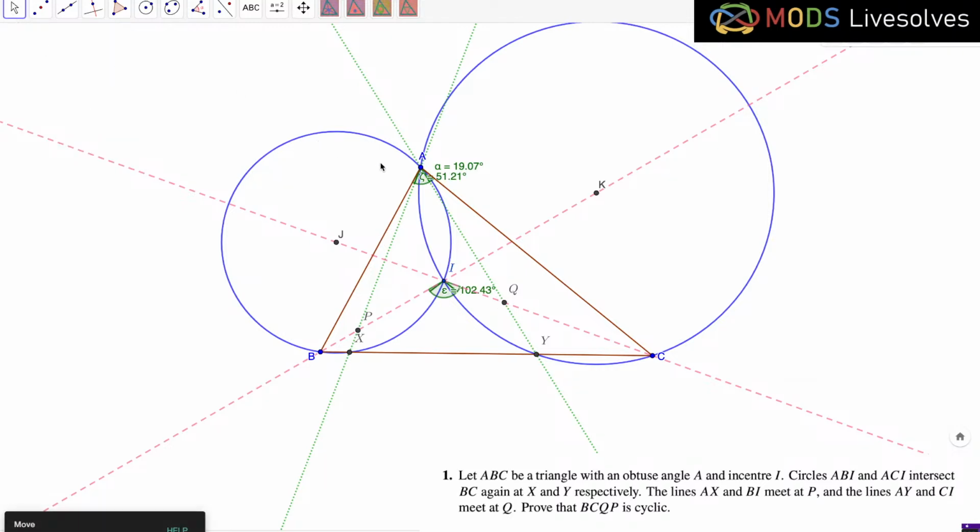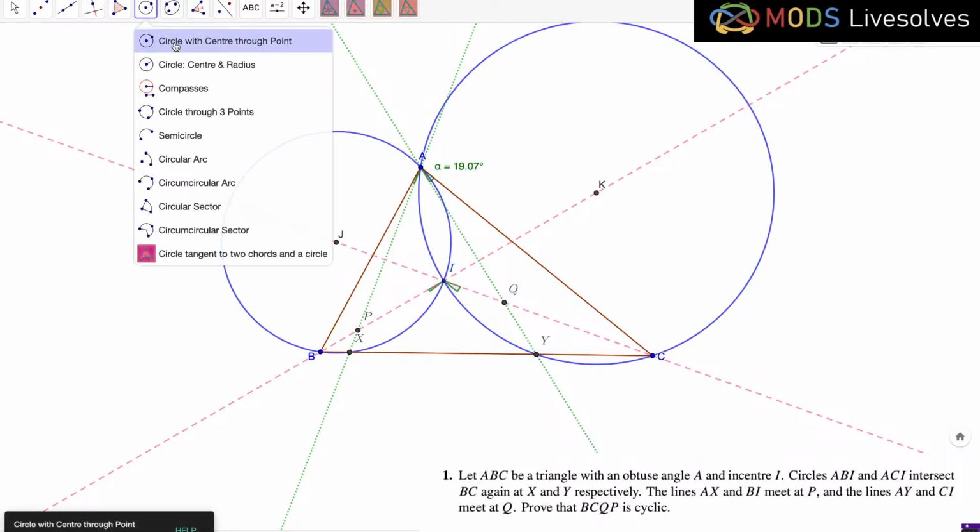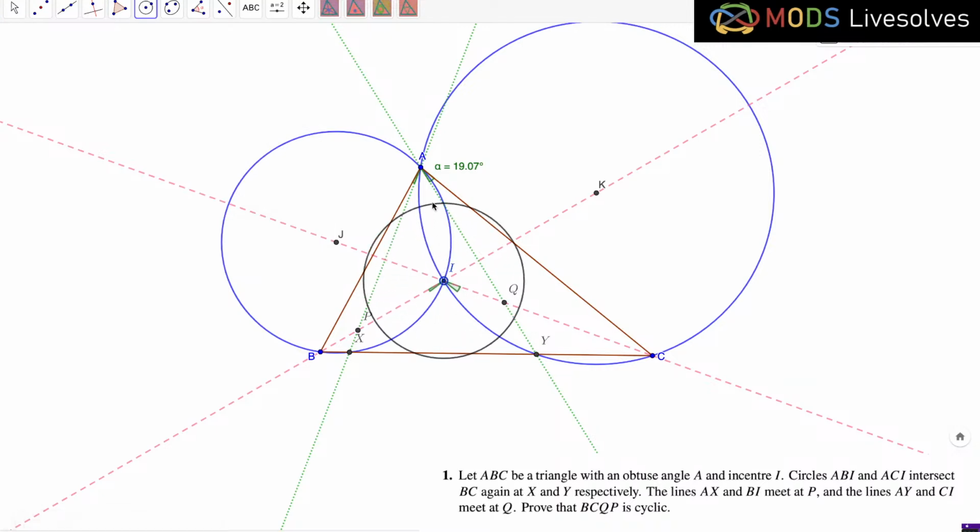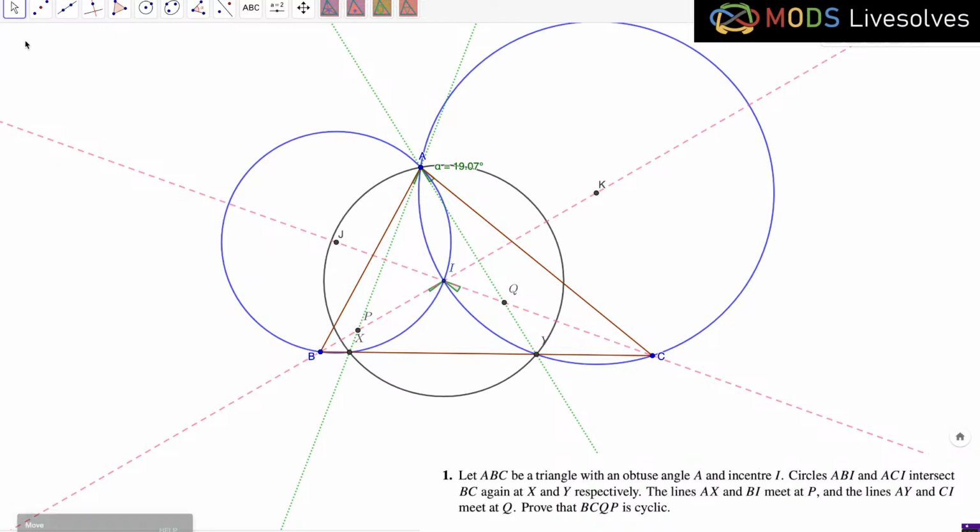I think we can do that. I'll try and do the right-angled thing. Okay, I have a claim which pretty much would finish.